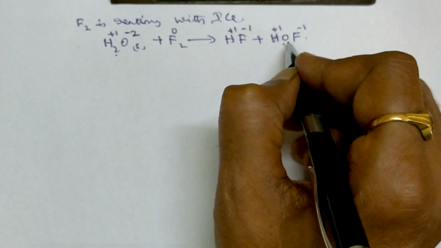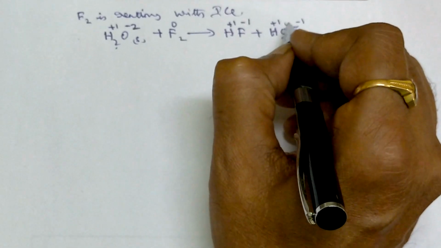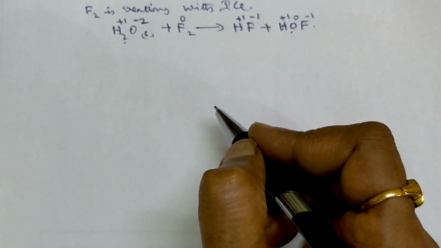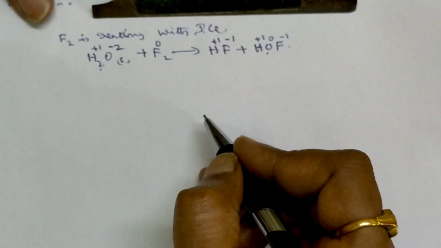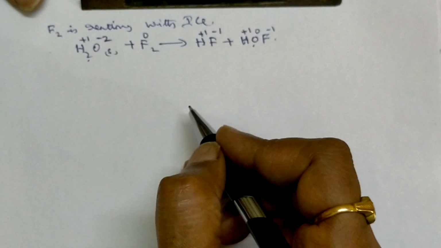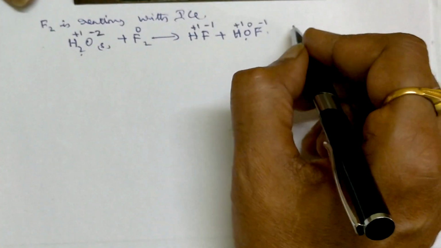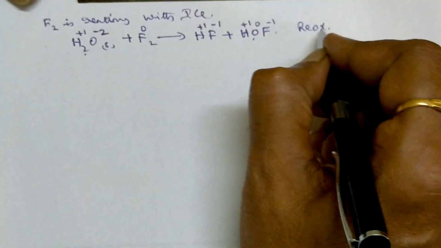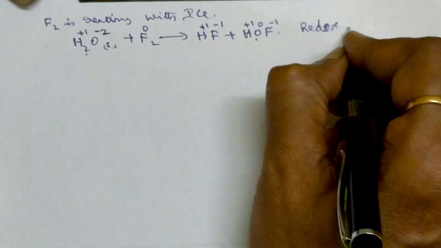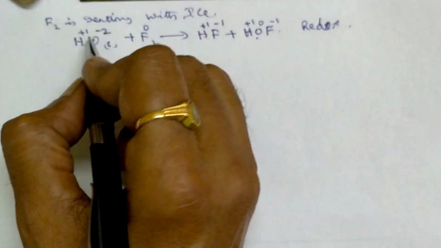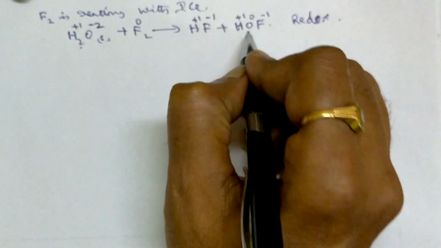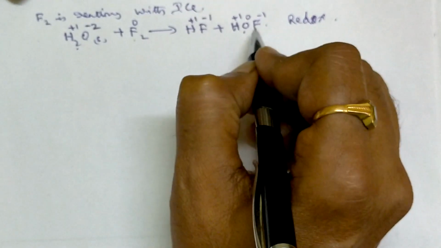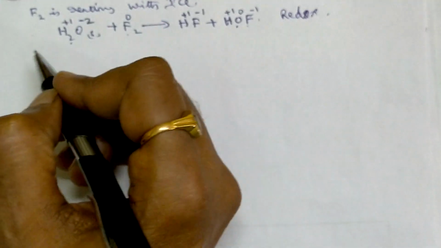In HOF, it is 0. A very typical thing, and most of the time people do not accept keeping 0 on oxygen. So it is a redox reaction, with oxygen going from -2 to 0 and fluorine from 0 to -1. That is a typical question.